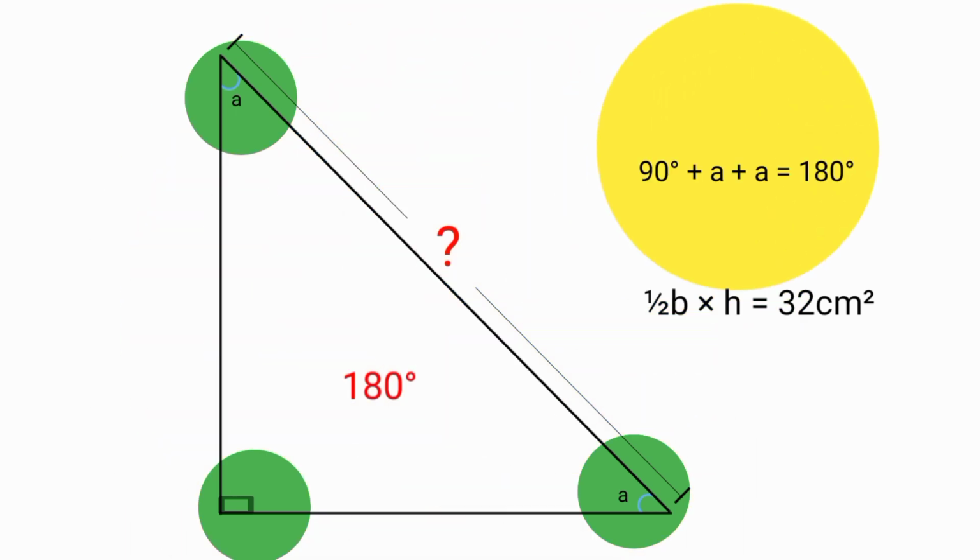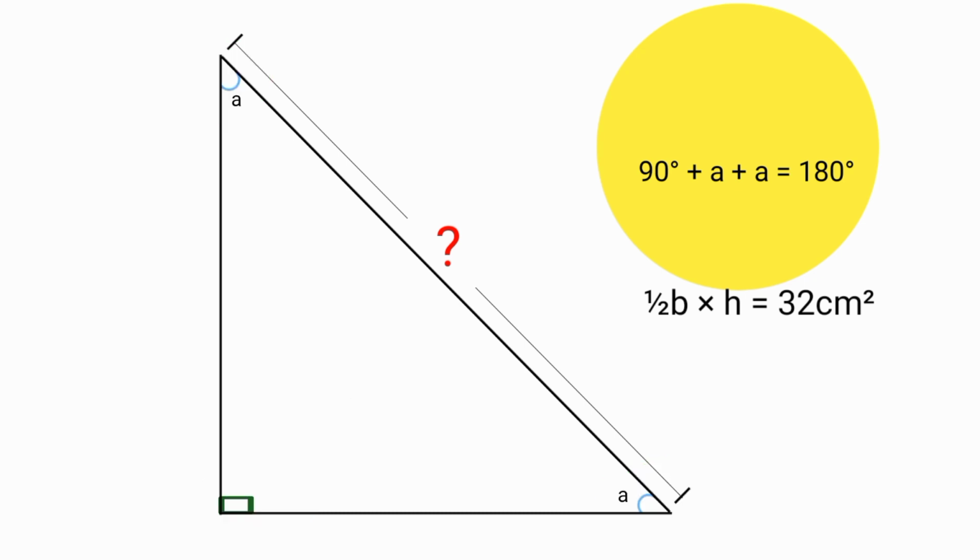Summing up now, 90 degrees plus A plus A is 2A, so 90 degrees plus 2A equals 180 degrees. Subtracting 90 degrees from both sides and dividing both sides by 2, now A equals 180 degrees minus 90 degrees over 2. 180 degrees minus 90 degrees is 90 degrees. 90 degrees divided by 2 is 45 degrees. So A equals 45 degrees.